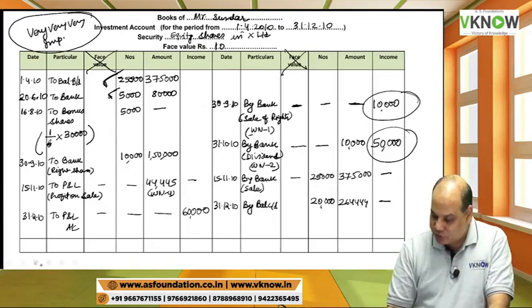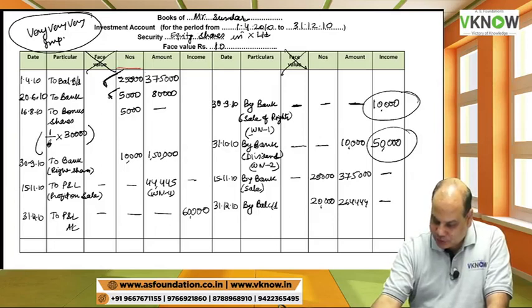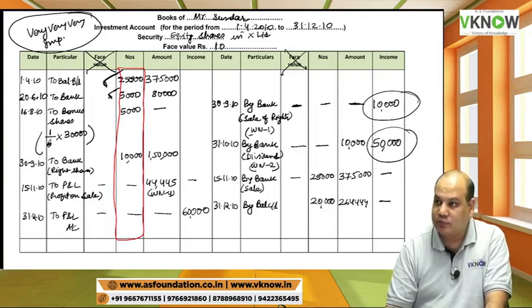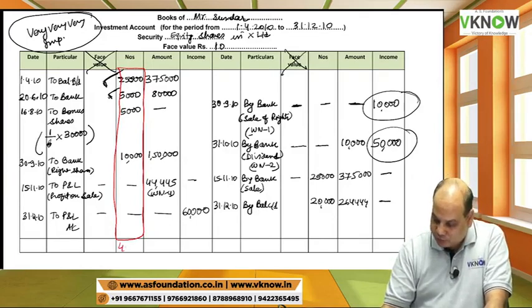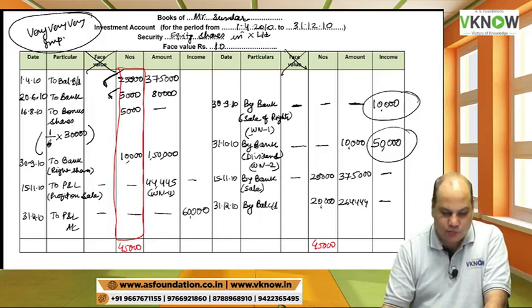Now we'll check whether the totals are matching or not. Please help me with the number column. Total of number column: 25 plus 5 plus 5 plus 10. Very good, 45,000 is tallying. The important thing is that this amount column should tally.